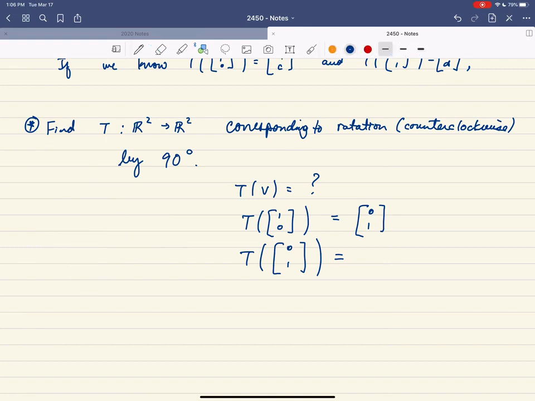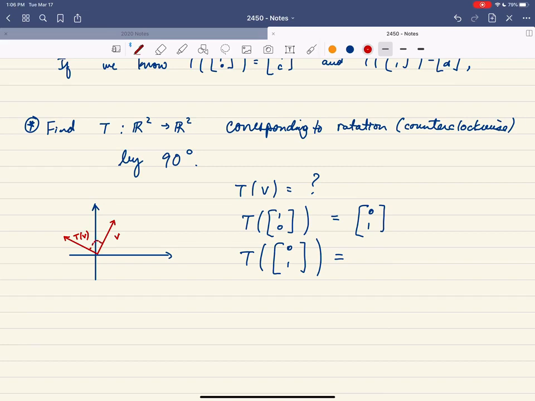So let me just redraw that graph very quickly where we just have V and where V gets mapped to. Okay, so this is V, and this is T of V. Oops. This is T of V. And this is a 90-degree angle between them.